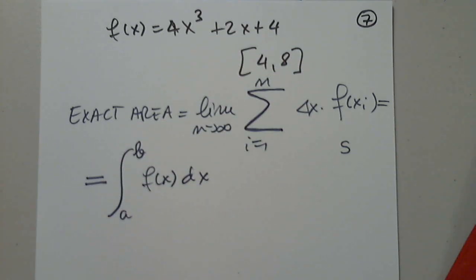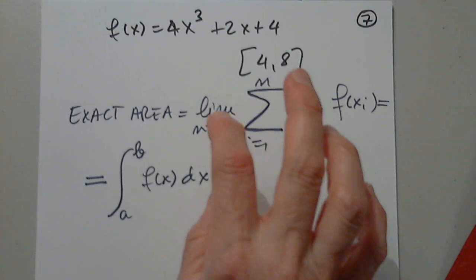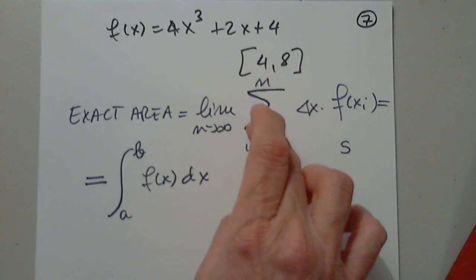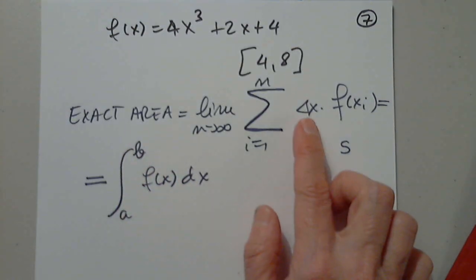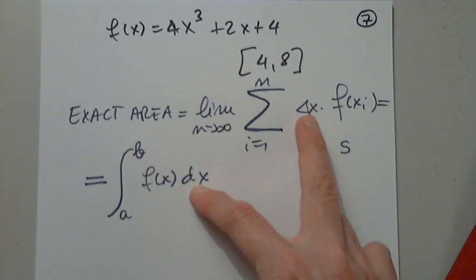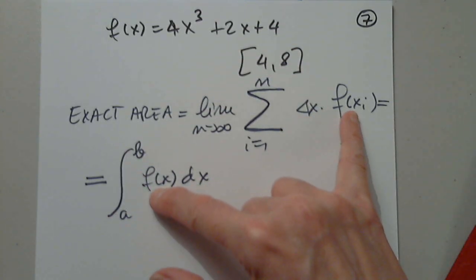How do we determine this? We don't know yet. I will explain, of course. But first of all, what is it? It's the same thing. The limit and the limit of the sum is basically in here. Dx or delta x, we know they are equal in measure. And of course, this is the function.